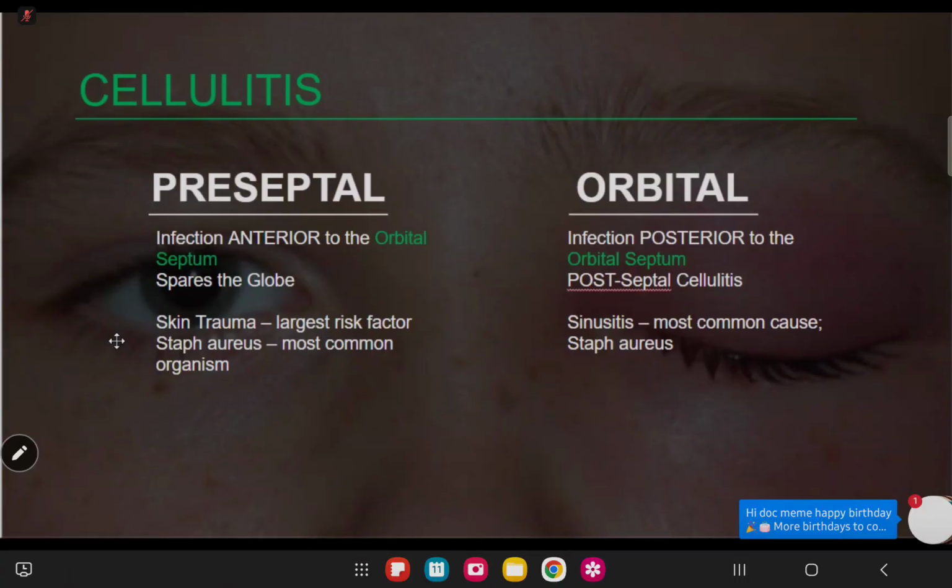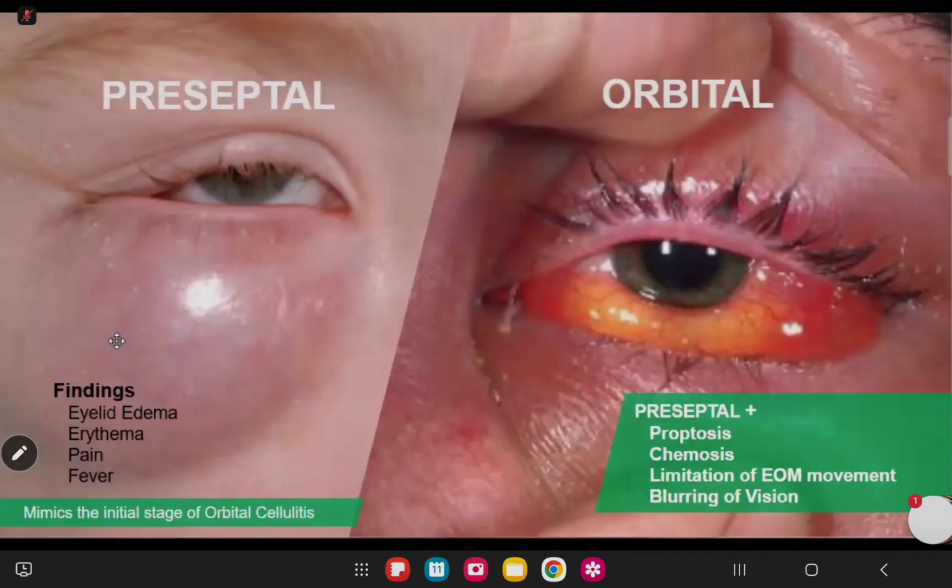For your orbital cellulitis, if there is infection now posterior to the orbital septum, then it's post-septal cellulitis. So it's already considered your orbital cellulitis. The most common cause would be your sinusitis, also caused by your Staphylococcus aureus. Usual findings for your preseptal cellulitis include eyelid edema, erythema, pain, and fever. Now, it mimics the initial stage of orbital cellulitis.